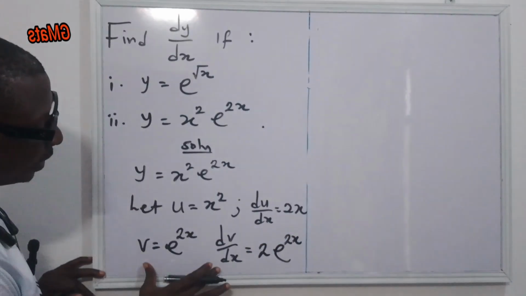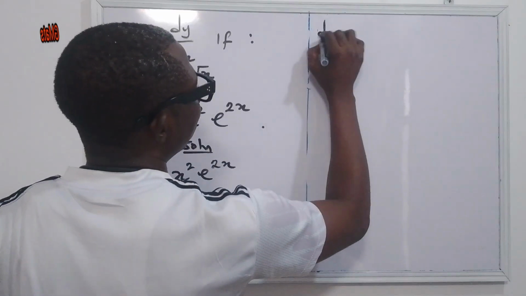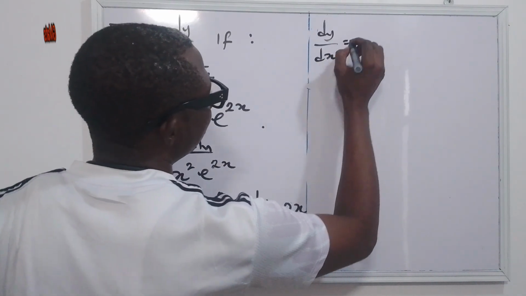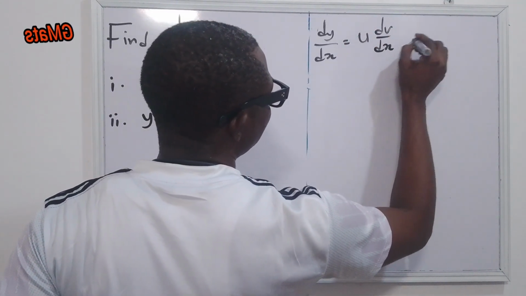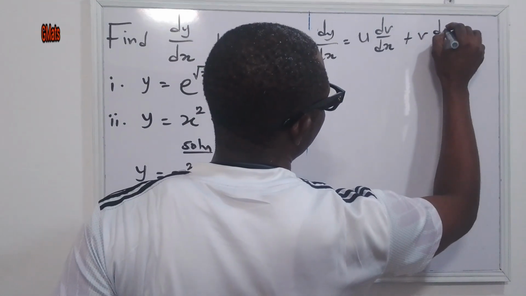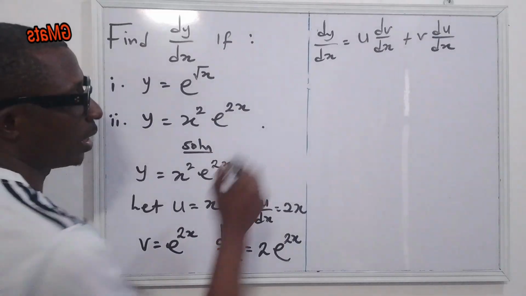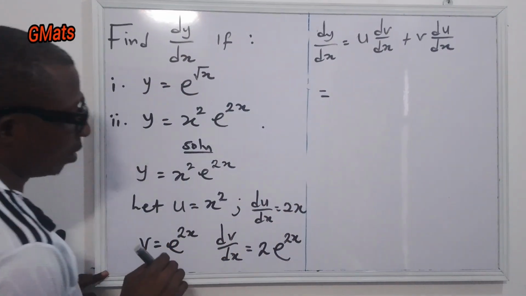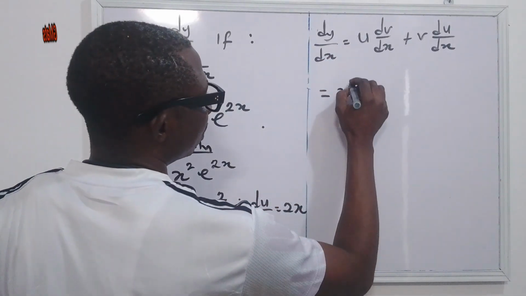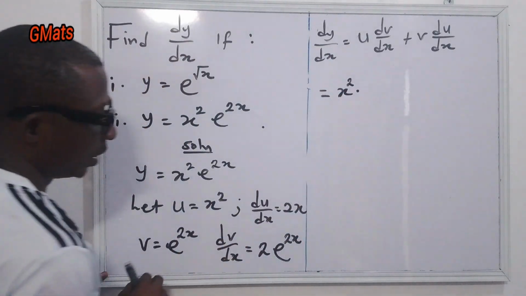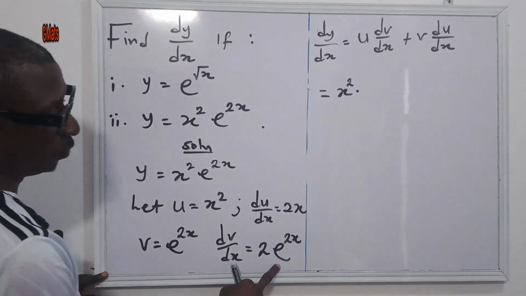So then now we can go ahead and find the dy/dx. Now dy/dx is u dv/dx plus v du/dx. So now let us plug in the values. Now u is x squared, so we have x squared times dv/dx, which is 2 e raised to the power of 2x.